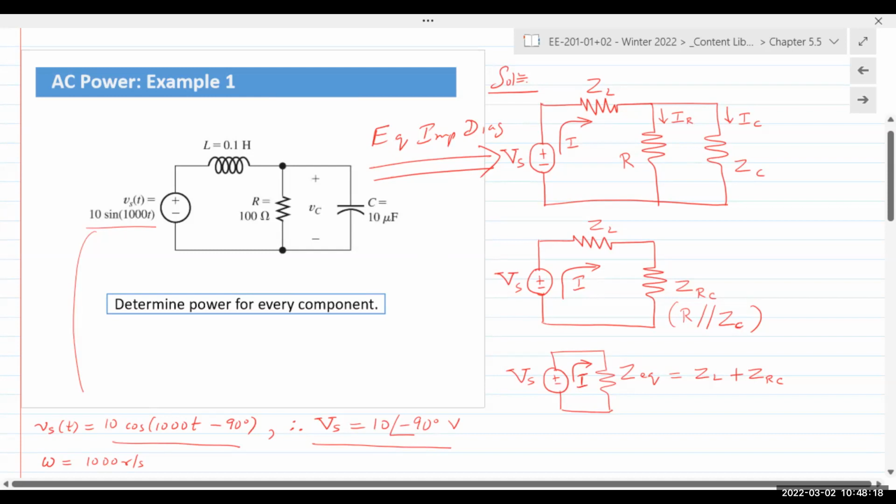This is similar to a problem that we actually did in chapter 2. R and ZC are in parallel. I'm going to call it ZRC. You can call it anything, but the indicator is that it's in parallel. So ZRC is the total equivalent impedance of the resistor and the capacitor in parallel.